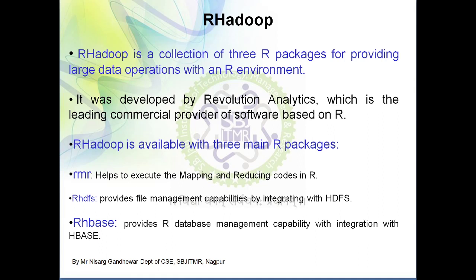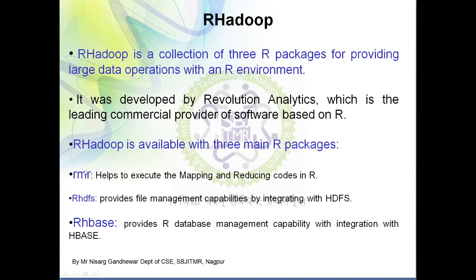We have seen that in order to use R, mostly we use RStudio, and to integrate R with Hadoop we use RHadoop. This is a very popular way, and the RHadoop library, or package, was developed by Revolution Analytics, a software firm which is the leading commercial provider of software based on R. Under RHadoop there are 3 packages.